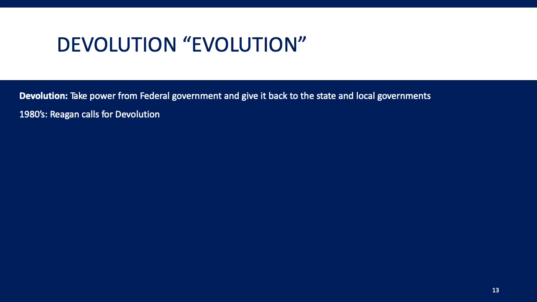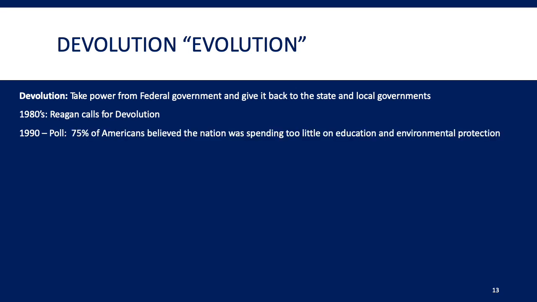Few government officials actually agreed with Reagan, but the federal deficits, meaning that there wasn't a lot of money in the federal government, forced Congress to cut funding to state and local governments. And so that gave more power to states, right? Then we saw in a 1990 poll that 75% of Americans believed that the nation was spending too little on education and environmental protections.